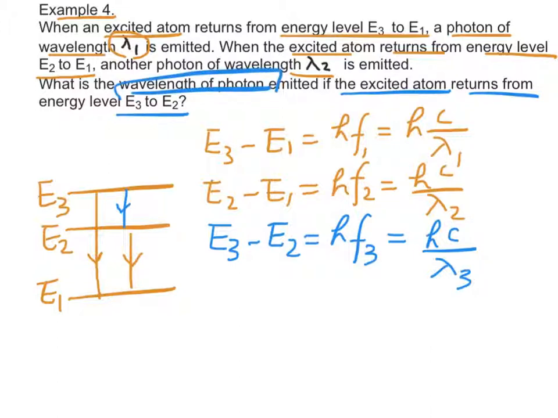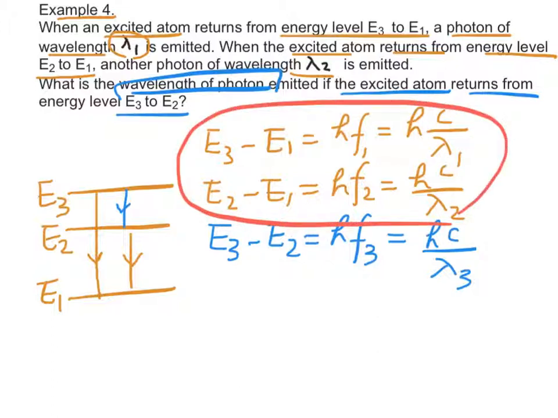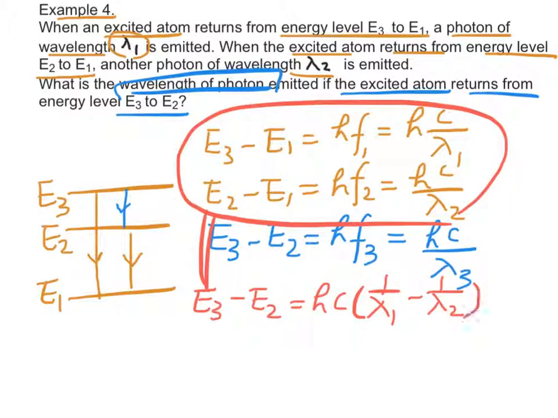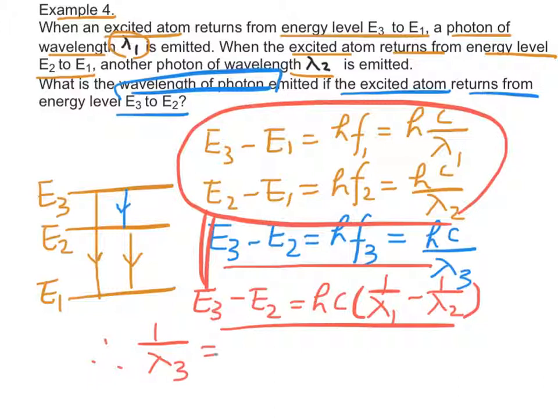By using these two equations, we have E3 minus E2 equal to hc times (1 over lambda 1 minus 1 over lambda 2). And comparing these two equations, we get 1 over lambda 3 equal to 1 over lambda 1 minus 1 over lambda 2.